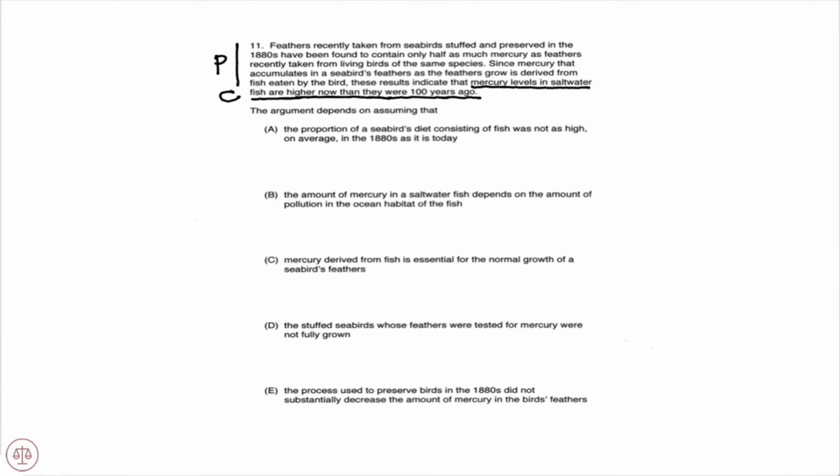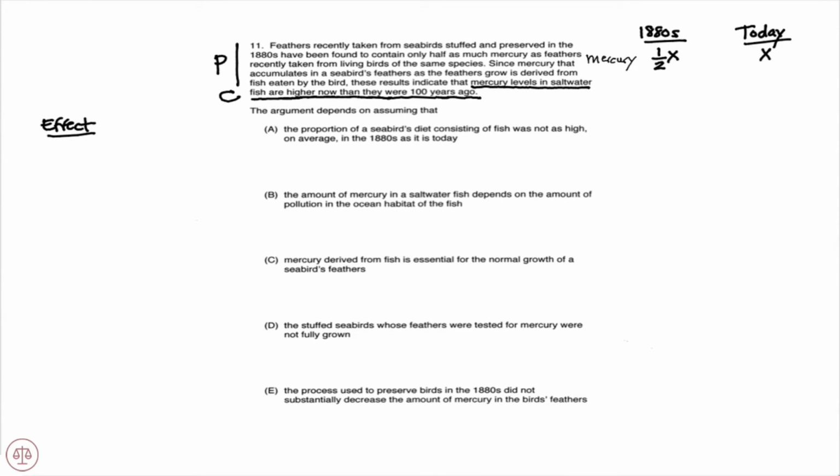So you notice we have a cause and effect argument. What is the effect that the author is trying to explain? And again, you notice what they told us was that in the 1880s, compared with today, the mercury was half what it was today. So if today it was X, then in the 1880s it was half that, or 1/2 X. And again, this is mercury in feathers.